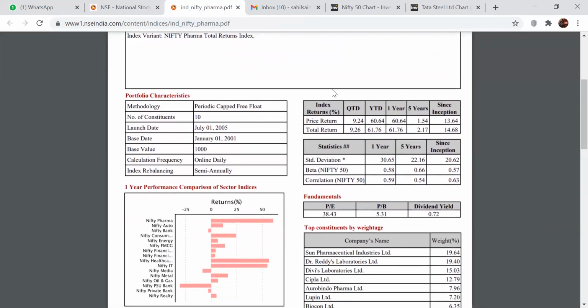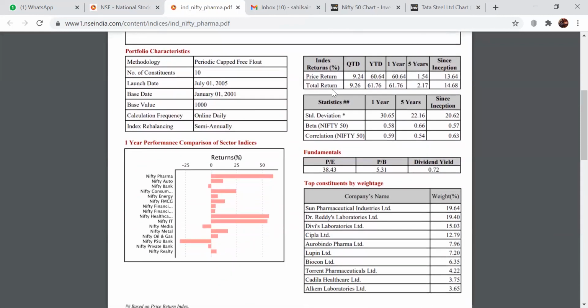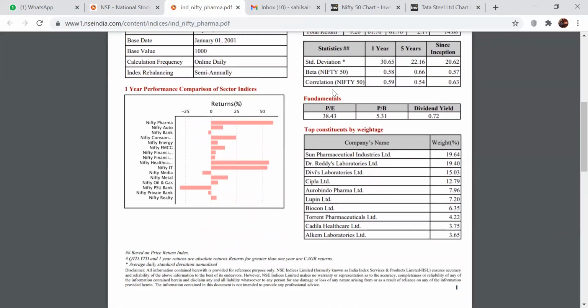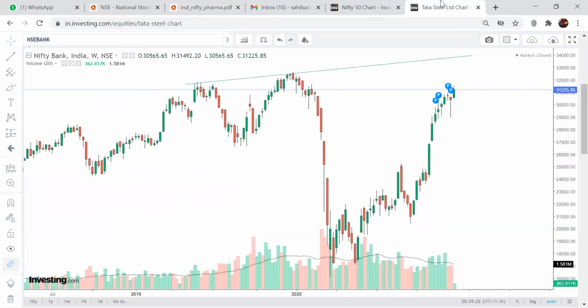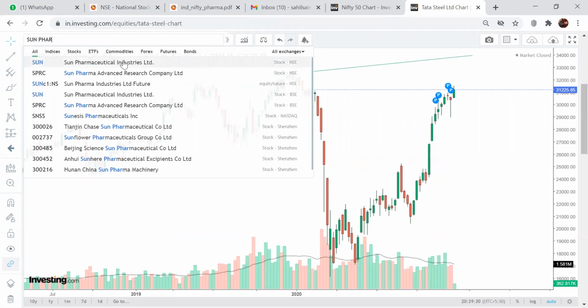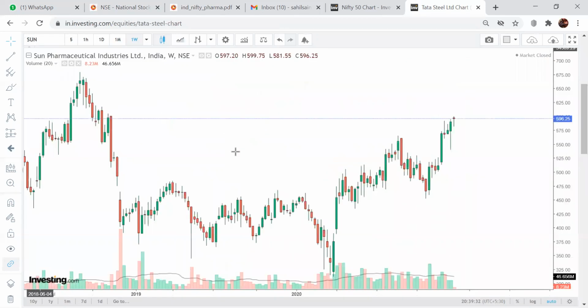See the big pool of pharma. Sun Pharma and Dr. Reddy's. Let's check Sun Pharma and Dr. Reddy. Actually, why I'm checking just one or two companies is because these are the biggest companies of the index.